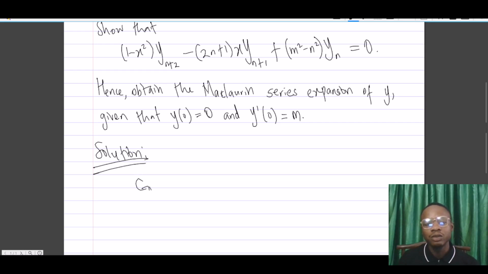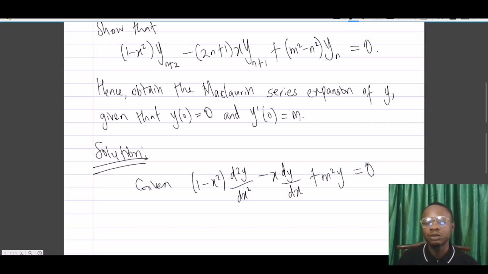So we start with what we already know. Given this expression, we are given (1 minus x squared) d squared y/dx squared, minus x dy/dx, plus m squared y equals 0.